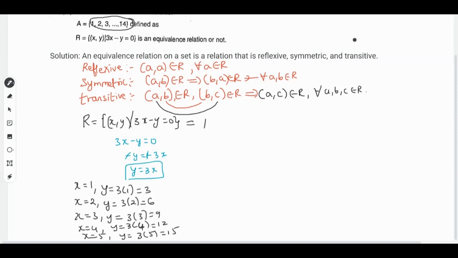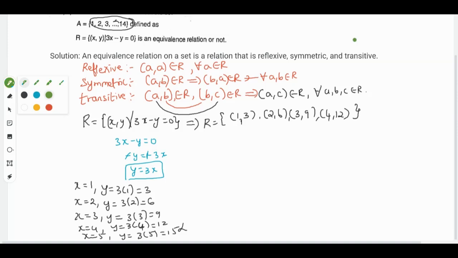R will be, written in Cartesian form, (1, 3), (2, 6), (3, 9), (4, 12). We cannot take (5, 15) because 15 is not present in the set A. So this is our relation given in the question. Now based on this relation, we will find whether it is reflexive.